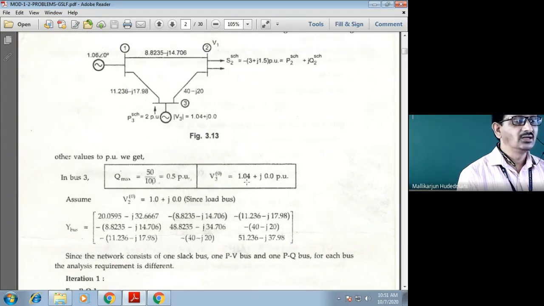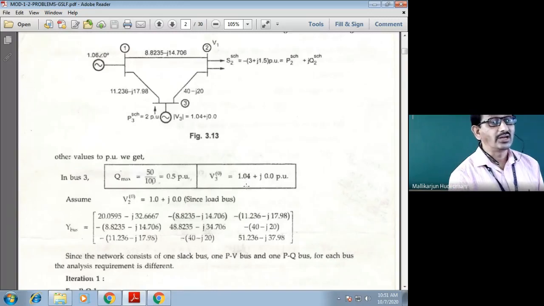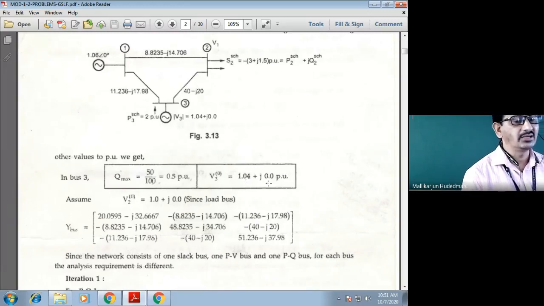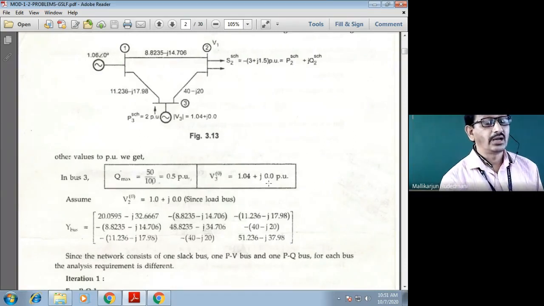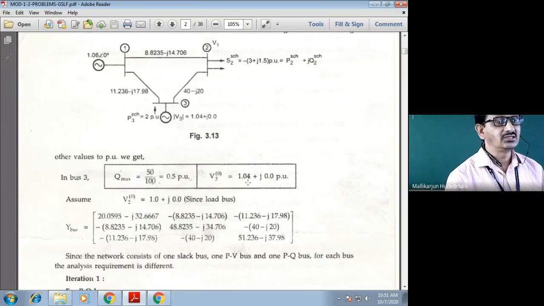Yesterday we were discussing, it's quite comfortable. If you use the scheduled value of the generator bus as an initial guess, it will reduce the work burden. If you use 1 angle 0, nothing wrong. But the expectation is that if I use a scheduled value, you will have a little relief in computational burden and time. In this regard, he mentioned at bus 3, I will be taking this consideration.